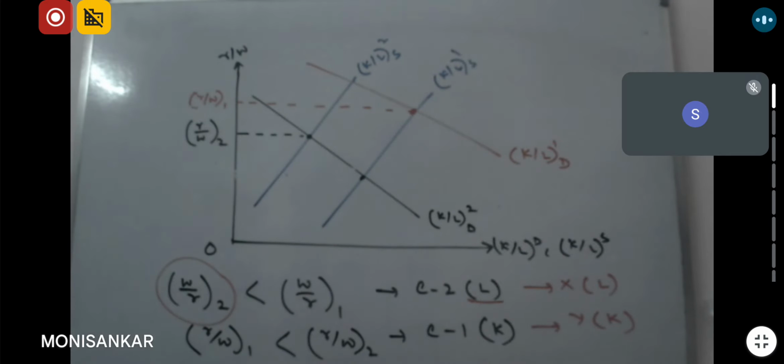HO says if the country is capital abundant, it should specialize in capital intensive goods. That statement is still okay, but the physical definition says abundancy depends on K by L, while the price definition says no, abundancy depends on the relative price, that is W by R, R by W, not K by L.